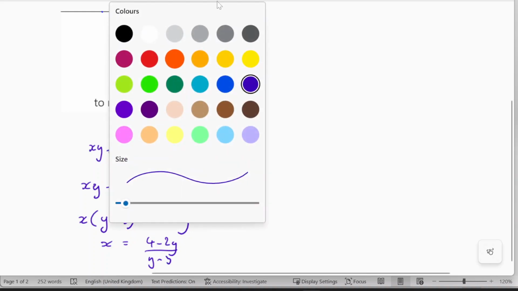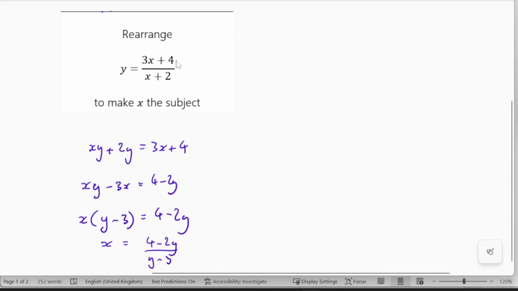Just while I'm here, I'm going to go in a slightly different direction. If I'd done it the other way around and taken my x's over to the other side and my non-y's over to the other side. No, I've put my arrow in the wrong place. I was just looking at that there.